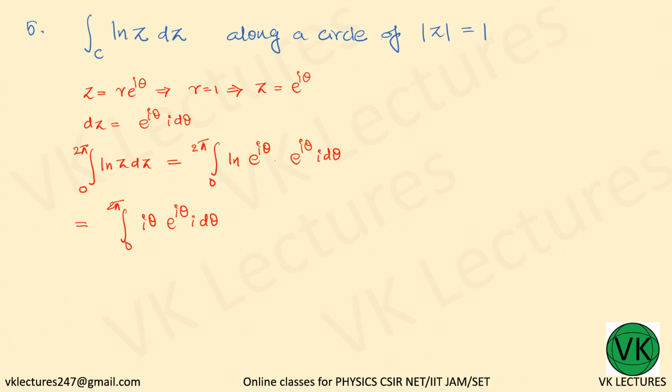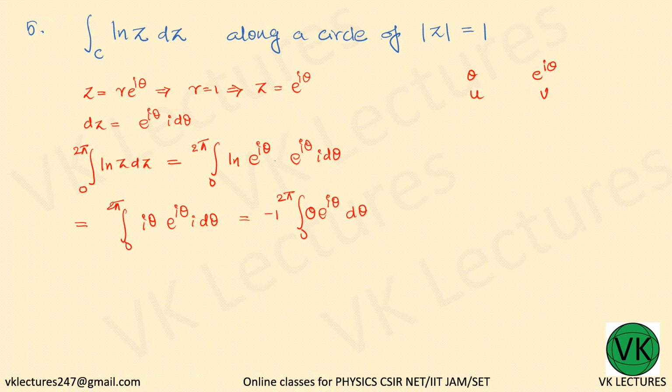So that's equal to minus 1 times integral from 0 to 2 pi of theta e to the power i theta d theta. Now we can write theta e to the power i theta. So this is integration by parts, u v integration.